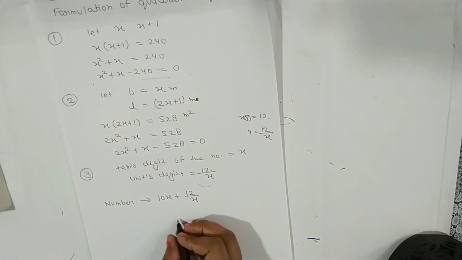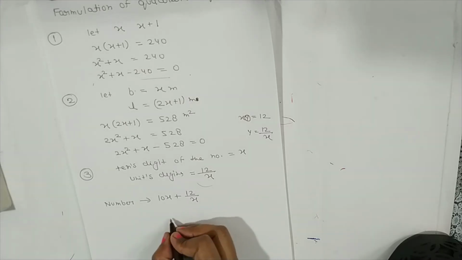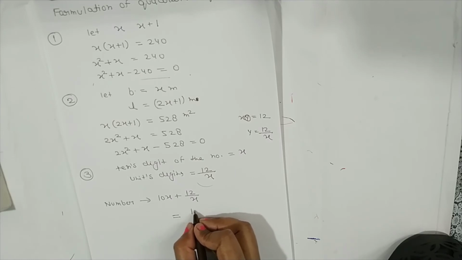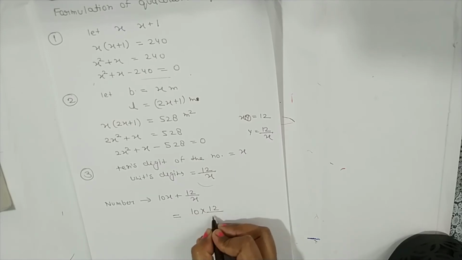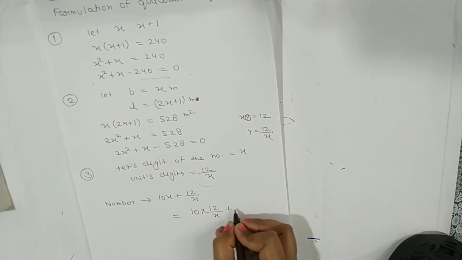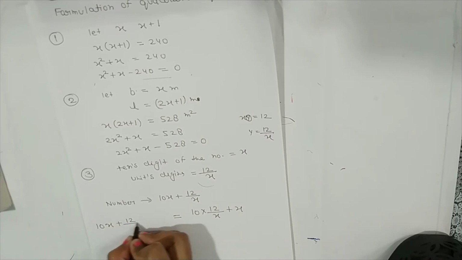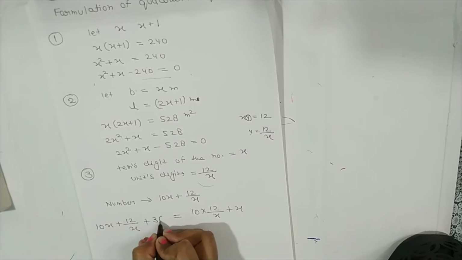So what is the number after changing its places? It will be 10 into 12 upon x plus x. When we add 36, it becomes 10x plus 12 upon x plus 36.